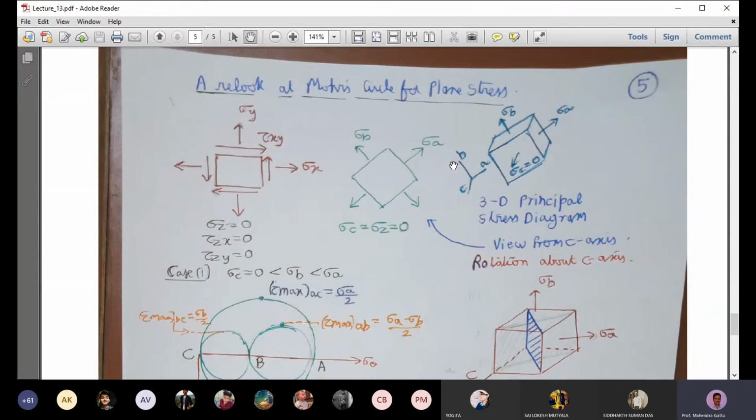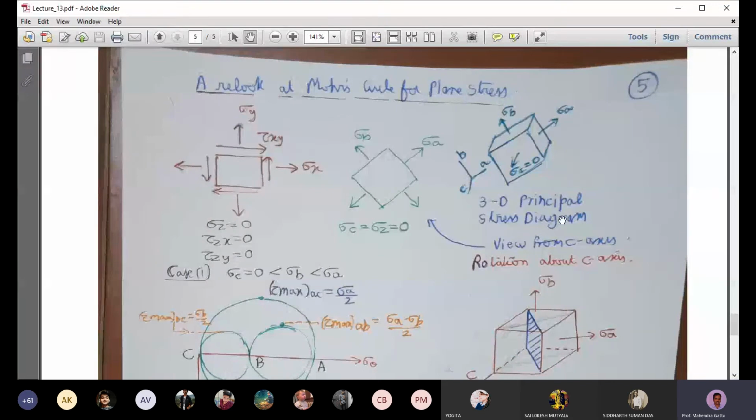Okay, so this stress element has sigma A, sigma B, and sigma C. For the plane stress case, sigma C is 0, and here we are looking at the principal planes only. Okay, so there are no shear stresses.